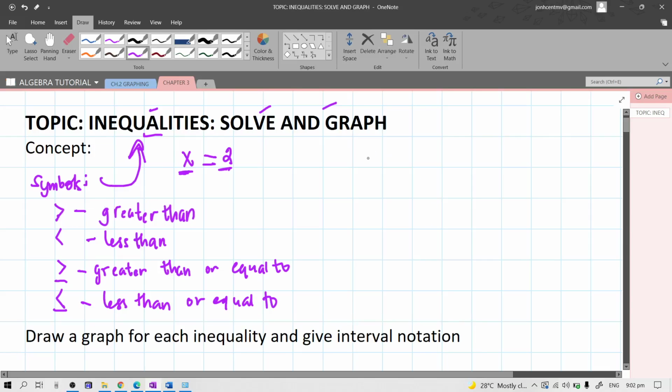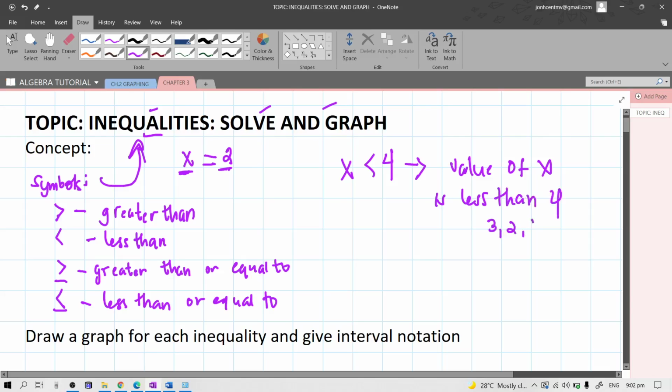Okay, so let's say naman, meron kang value na x. Okay, so this means that the value of x is less than 4. Let's say 3, 2, 1, negative 1, so on and so forth. Okay?